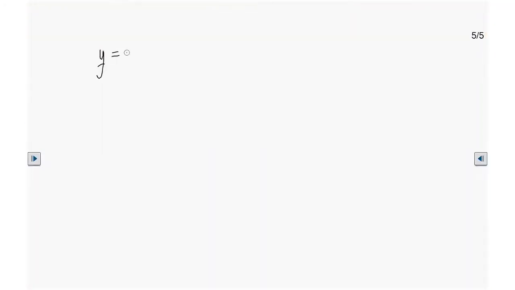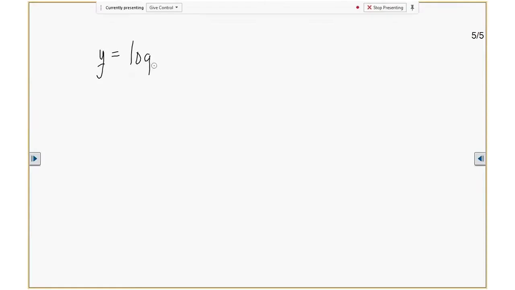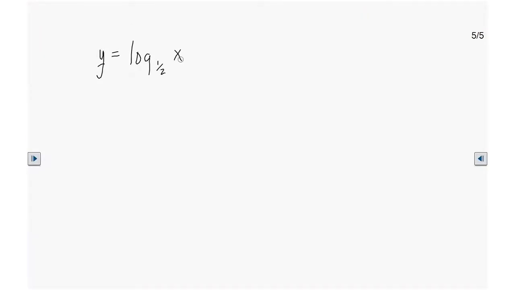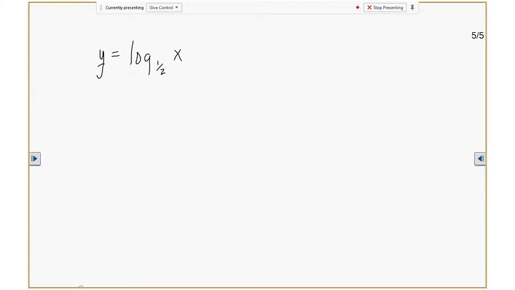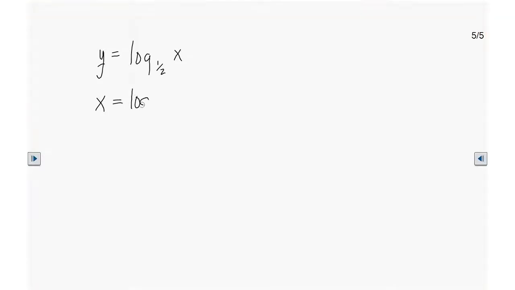Y is equal to log base 1/2 of x. Now the first thing to do is interchange what? X equals log base 1/2 of y.